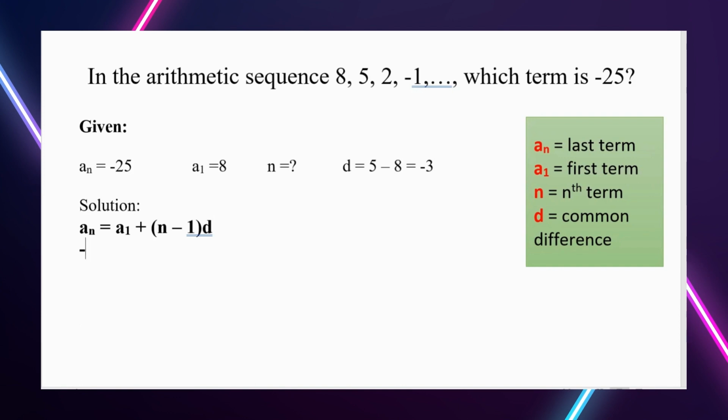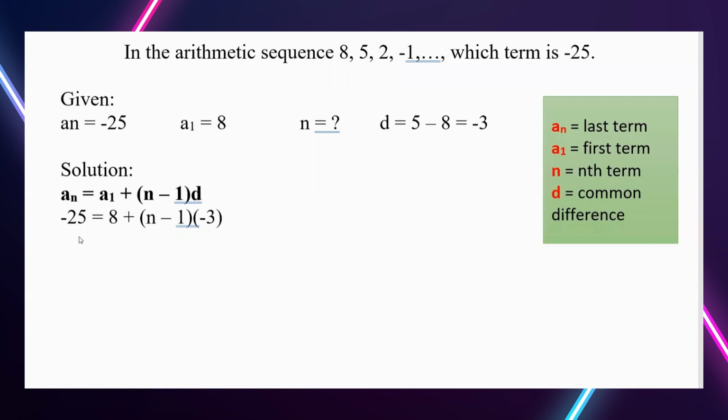A sub n is equal to negative 25. A sub 1 is 8 plus the quantity of n minus 1 times the common difference, which is negative 3. Negative 25 is equal to 8 plus, apply the distributive property, n multiplied by negative 3 is negative 3n.